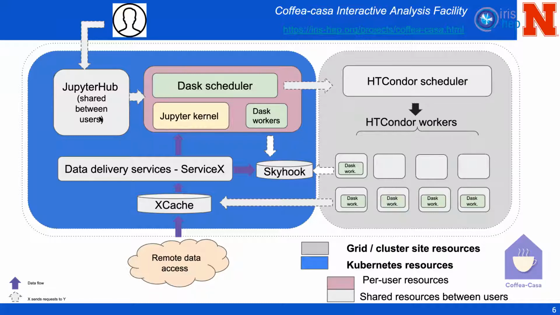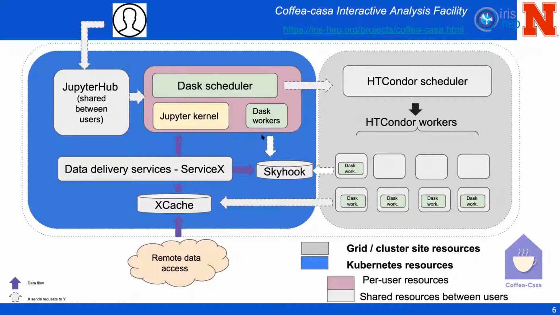In this case, we try to add to the classical system Kubernetes resources as a possibility to quickly deploy and develop a new generation of software and services. For this reason, you have JupyterHub, which is shared between users, and then each user gets a pod, which is what you saw when you log into coffea-casa.